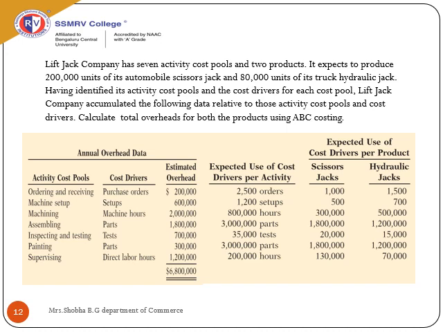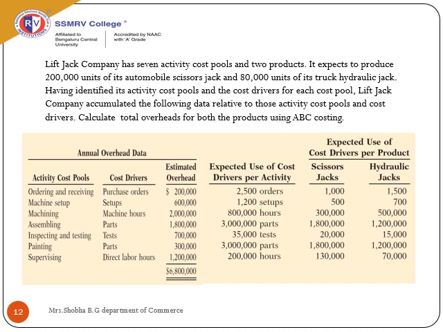Then machining is going to be considered on the basis of machine hours spent for each of the products. Then assembling depending on the number of parts used to assemble. Then inspecting and testing depends on the tests that happened for each of the products. Painting depends on the number of parts which we are going to paint. Then supervising cost should be allocated on the basis of direct labor hours.